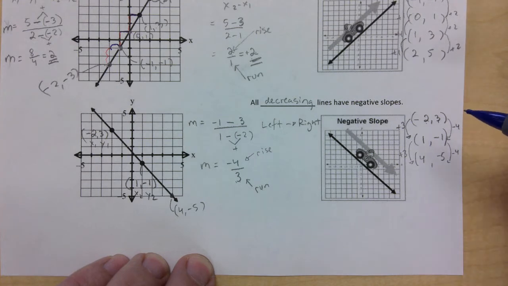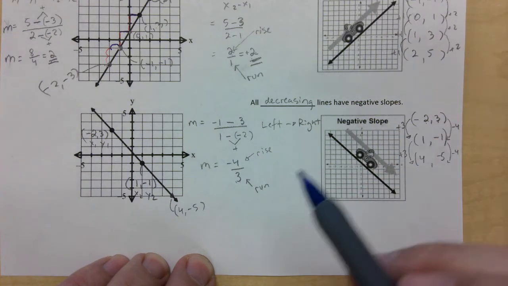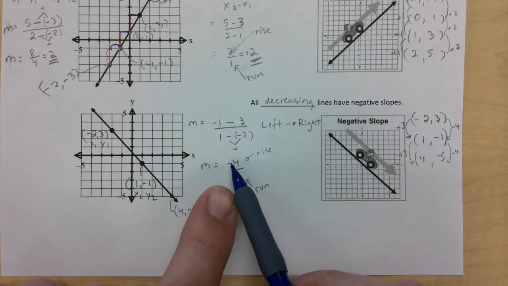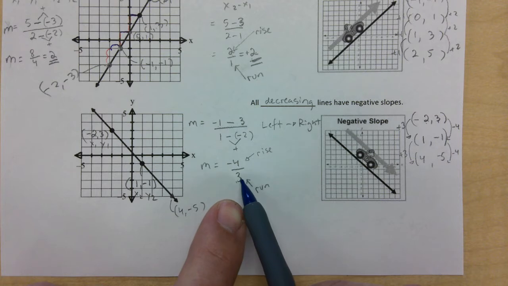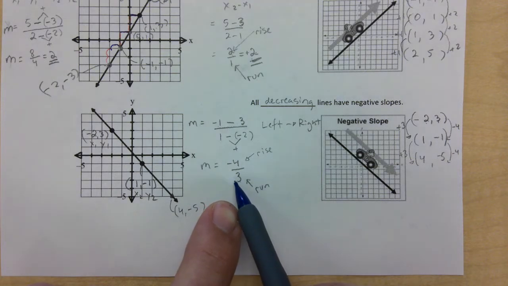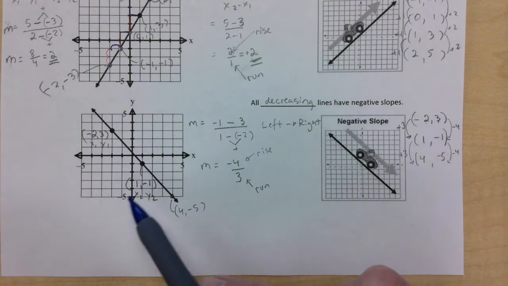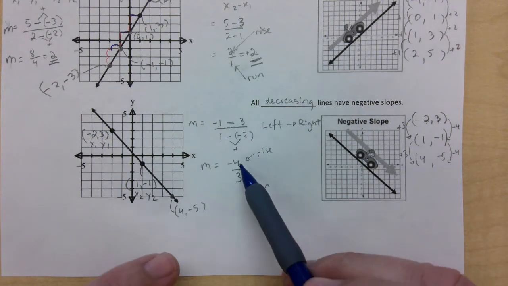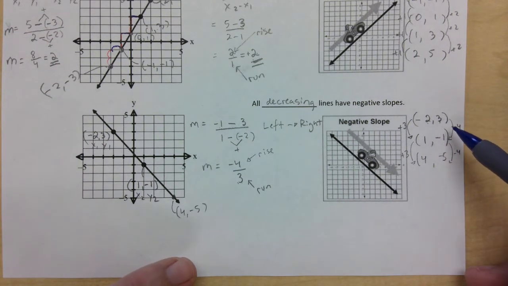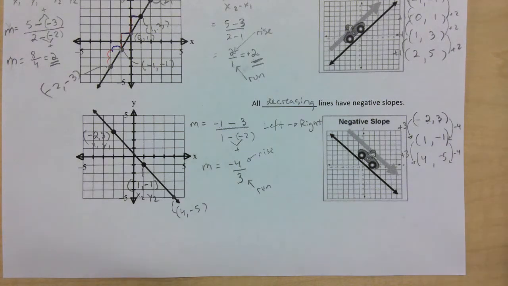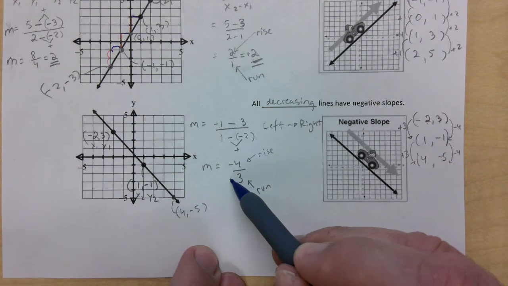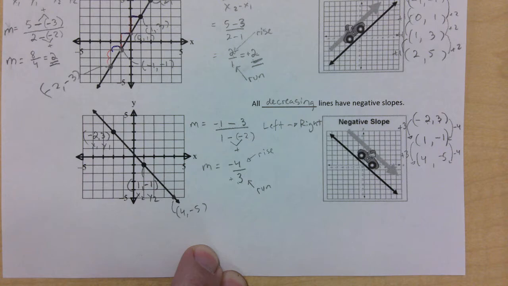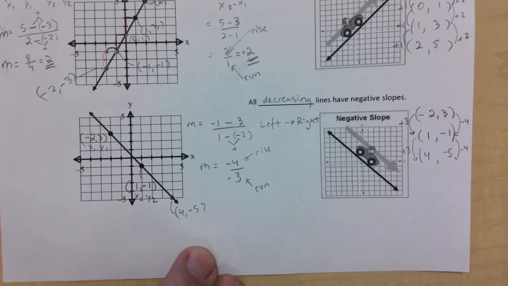So notice that the slope, I always make the negative float up, and that negative sticks to one of the values only. You don't make both negative, because then it's actually a positive slope, which means that the line will be going up. So I made the 4 negative, so it drops by 4, even though we call it rise, and the x value is affected by +3 because there's a plus there. Okay, so we'll continue.